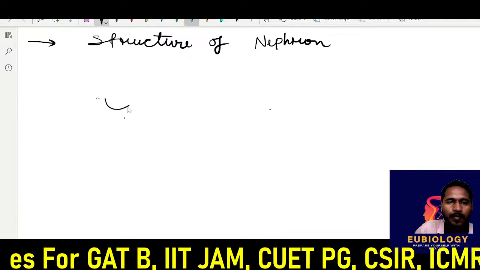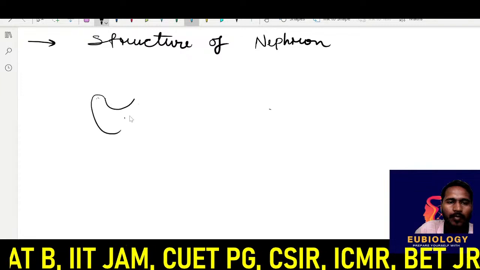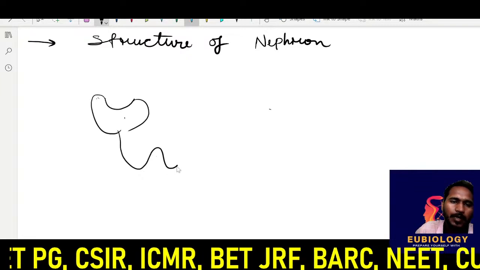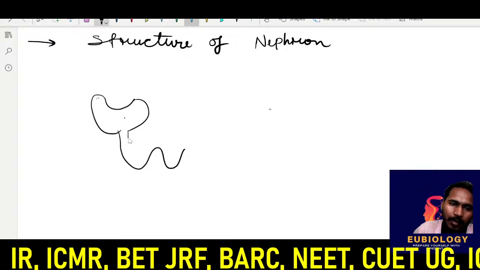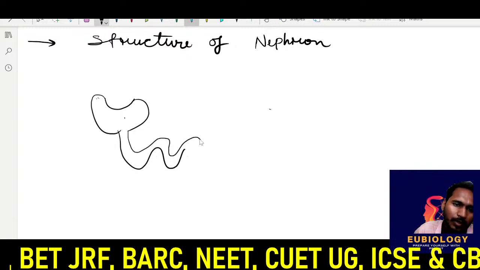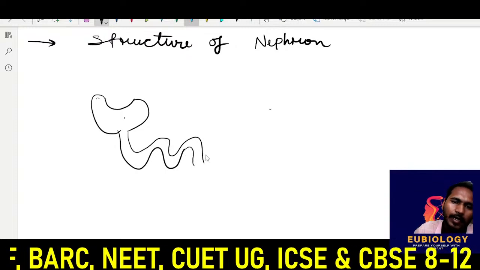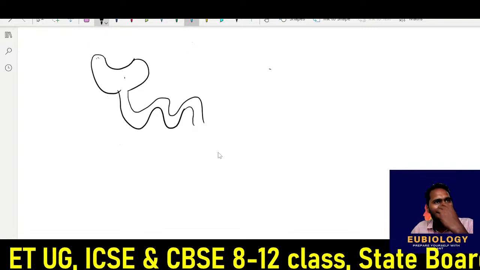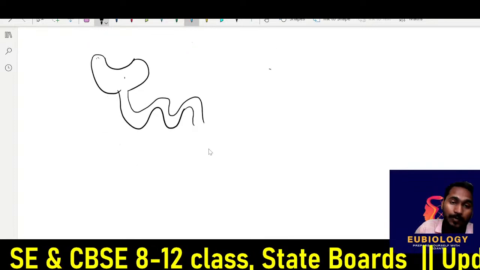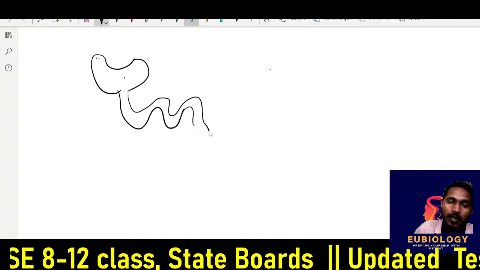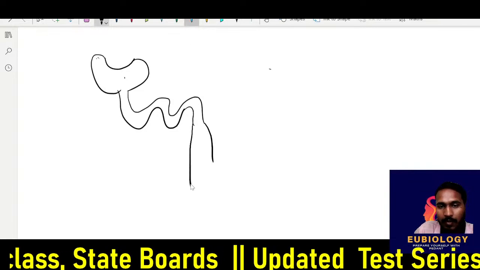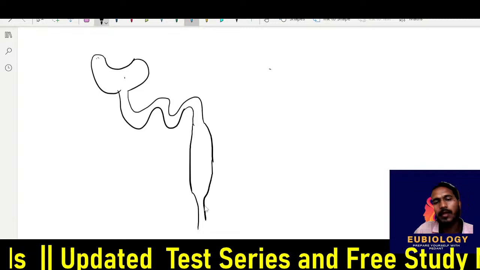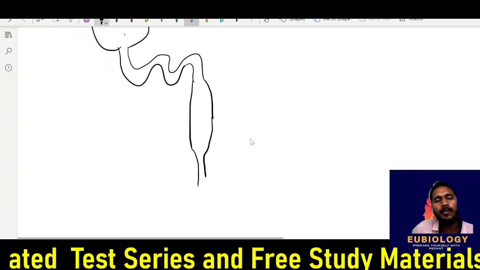Simply, this is your Bowman's capsule. This Bowman's capsule is the part of the nephron, and it will continue with the tubule that is called PCT. If you see this continuation of the tubule, this is very important for reabsorption. Now we'll see this widened part, and it will become completely narrower as it goes down.